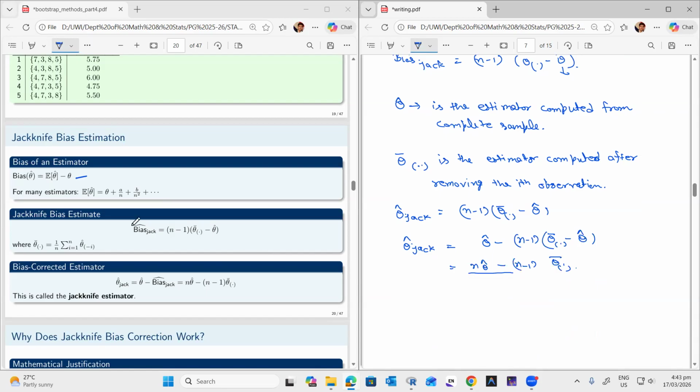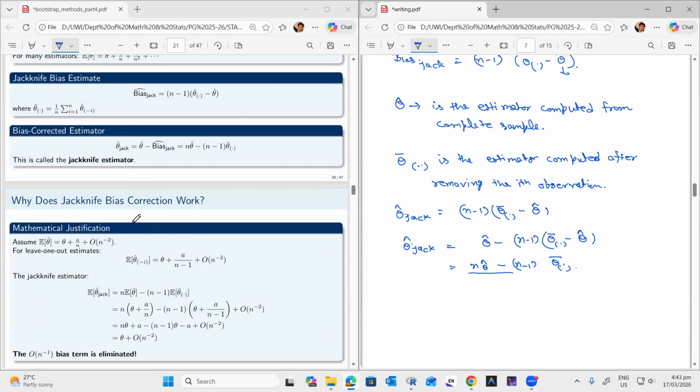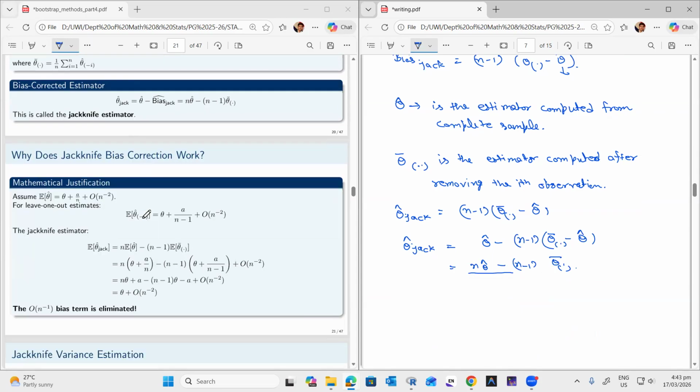All right. So why does the jackknife bias correction work? So what we do, we have this one: expected value of theta cap is theta plus a upon n plus order of n raised to the power minus 2, because this is in the denominator. So when you take the n in the numerator, its power will be negative.